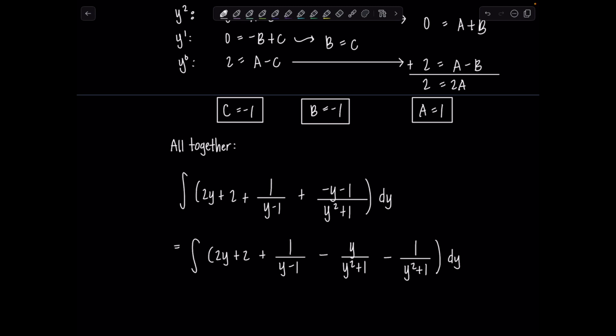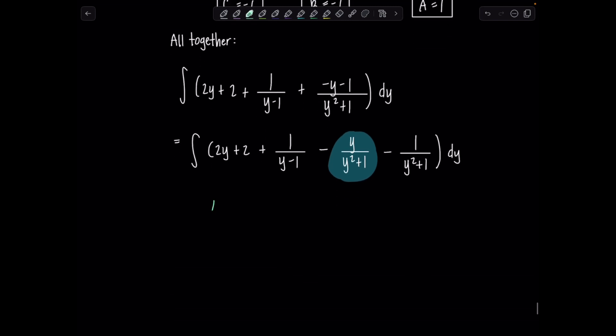Depending on where you are in your math career, your calculus career, you may need to do this one off to the side because it's going to involve a u sub. For my more advanced viewers, you can probably do the whole u sub in your head. So if you need to do it aside, you just have y over y squared plus 1 dy, and you would let u be y squared plus 1 because it's 1 degree higher than the numerator.